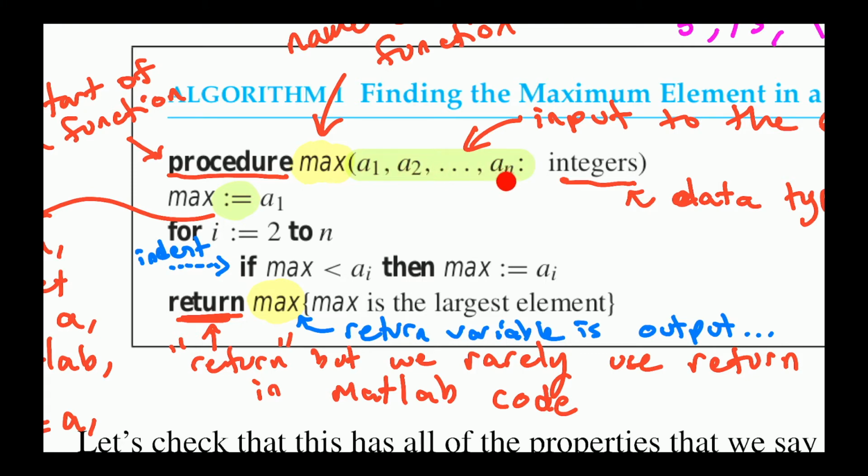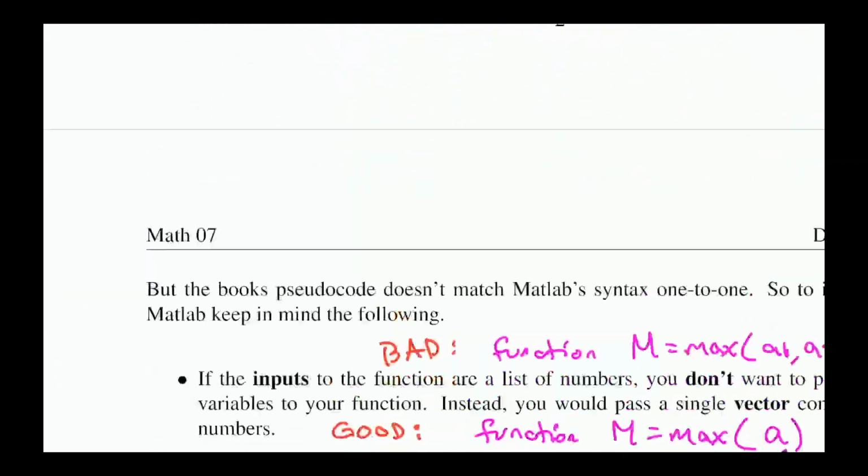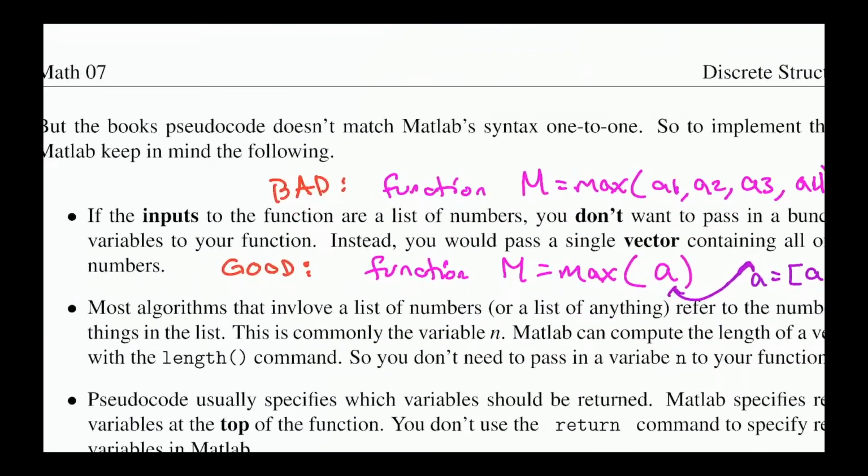And they needed to know how many numbers there were because the for loop says i equals 2 to n. N is the number of numbers. But if we're going to be passing in a vector, our code's going to look like this. M equals max A. So where's the n, right? We need to know how many things are in the list, okay?